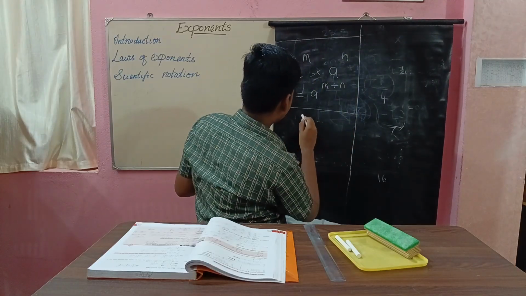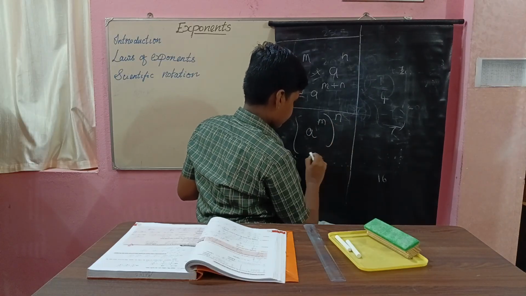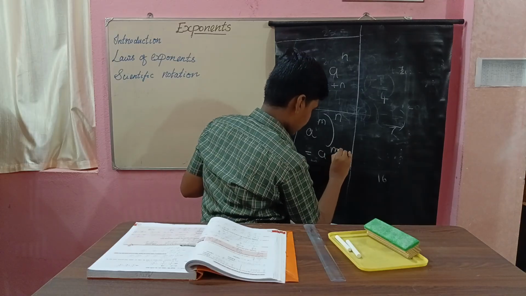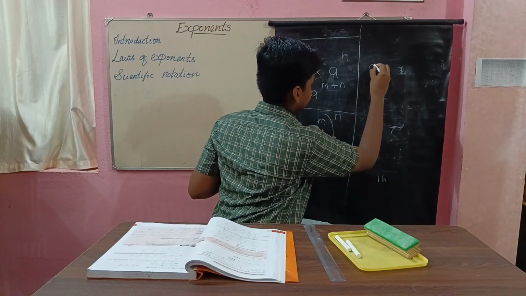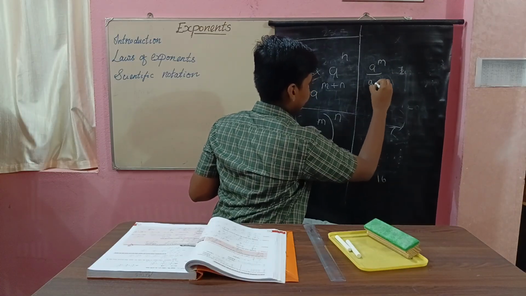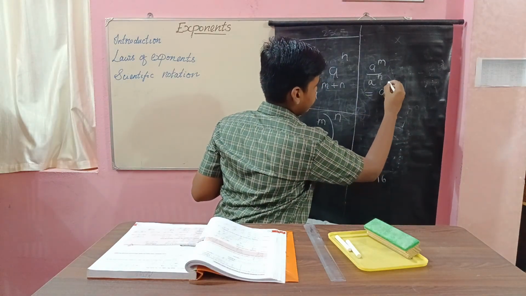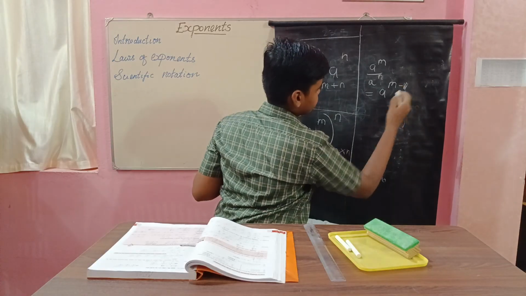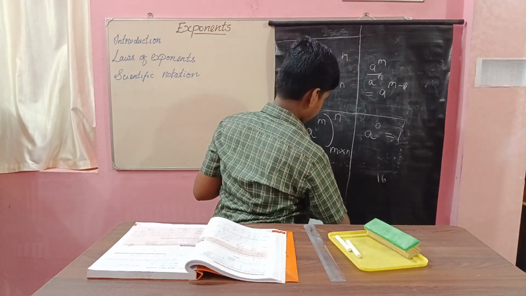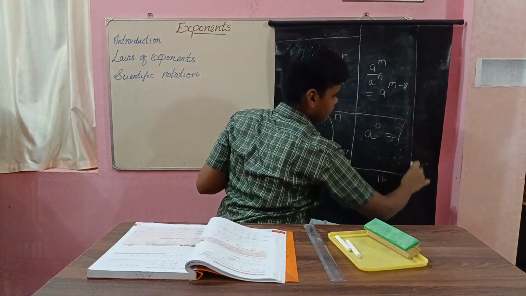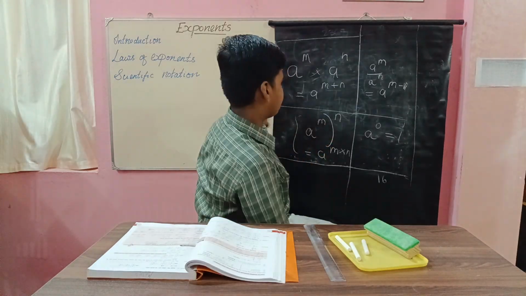Next is bracket a^m to the power n is equal to a^(m into n). Next is a^m by a^n is equal to a^(m minus n). And a^0 is equal to 1. Okay, so these are the common four laws of exponents we use in daily life.